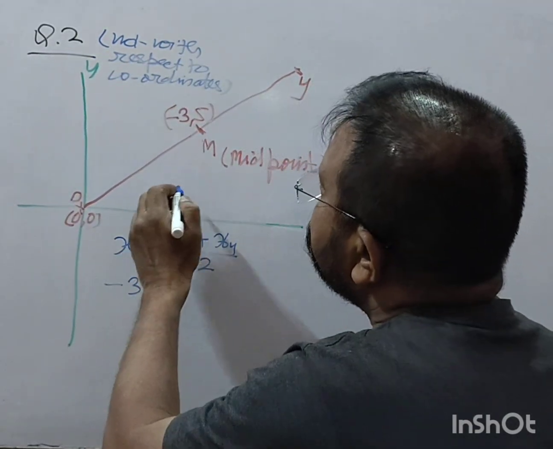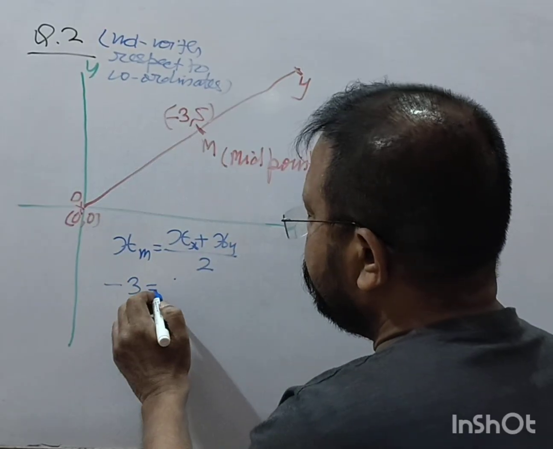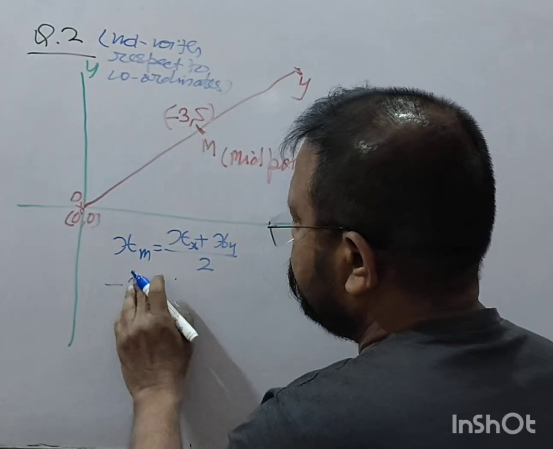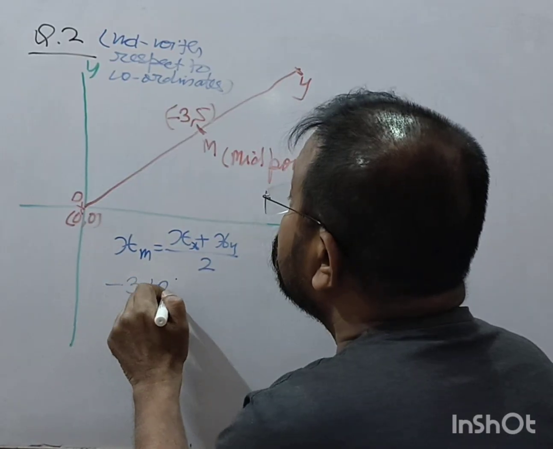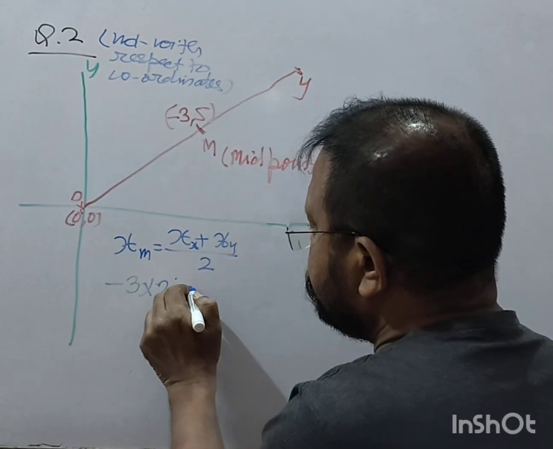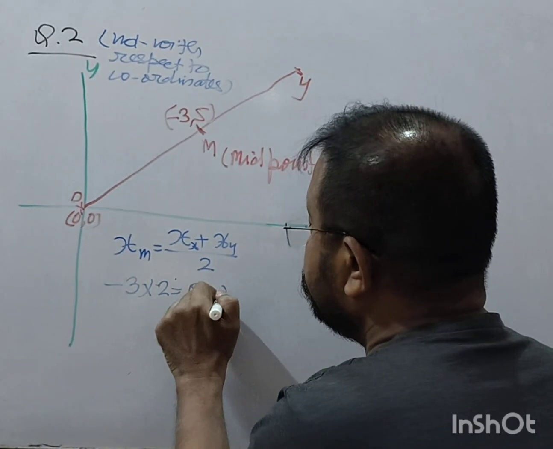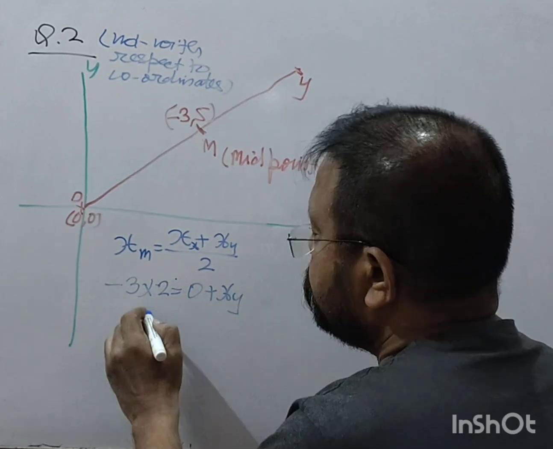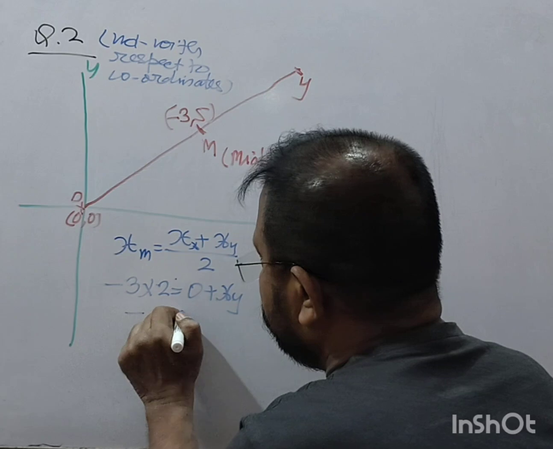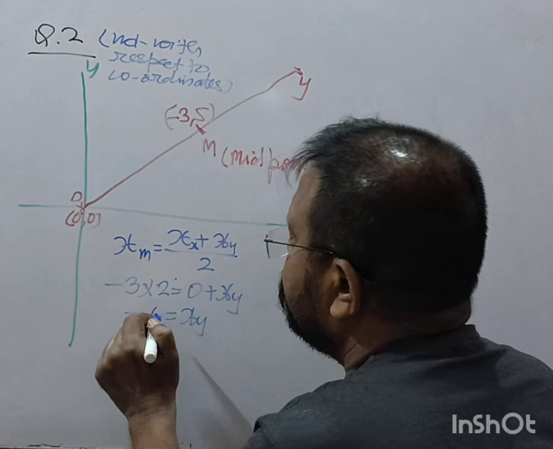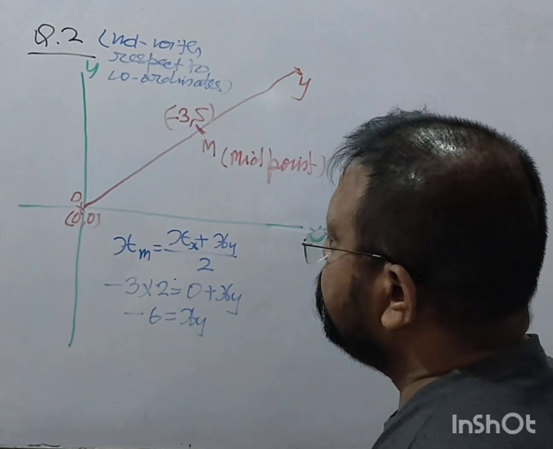So this is minus 3 into 2, minus 3 into 2 is equal to 0 plus x of Y. So minus 6 is equal to x of Y, right?